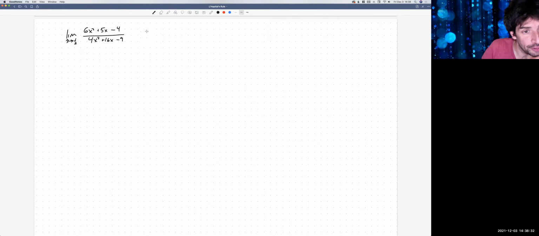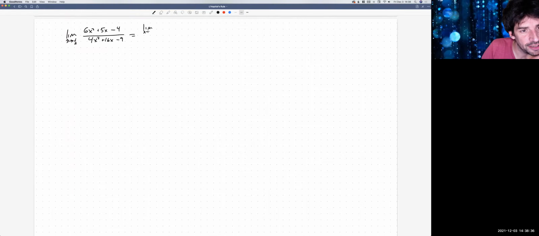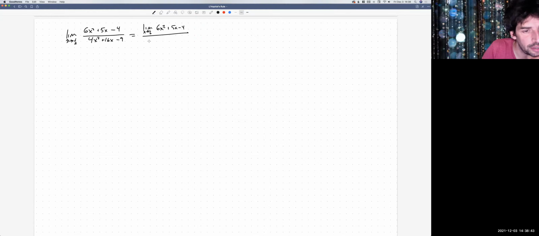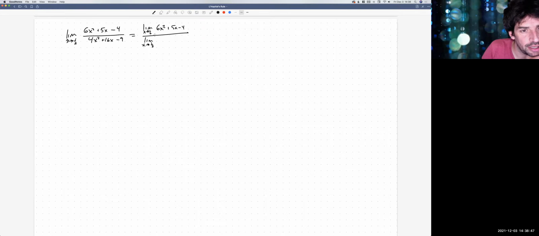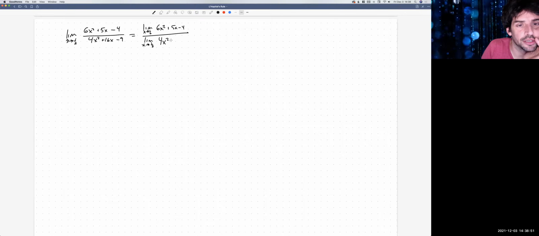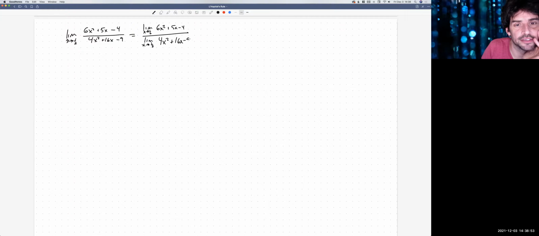Okay, so first of all, I want to look at the 2 limits individually. The limit as x goes to 1/2 of 6x squared plus 5x minus 4, and the limit as x goes to 1/2 of 4x squared plus 16x minus 9.